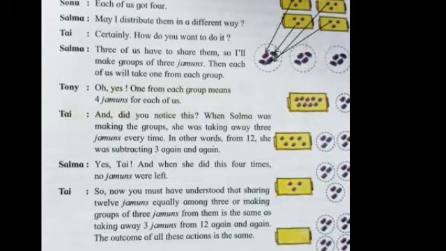Salma: May I distribute them in a different way? Now Salma is asking Tai if she may distribute the jamuns in a different way. Tai: Certainly. How do you want to do it?